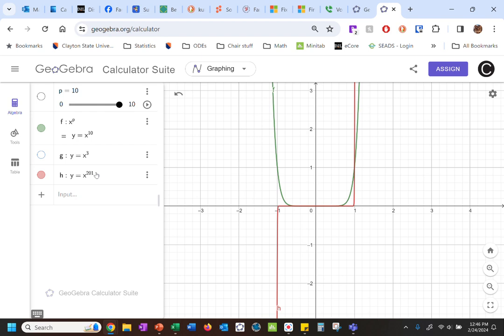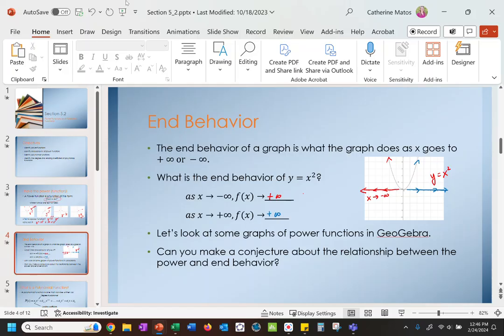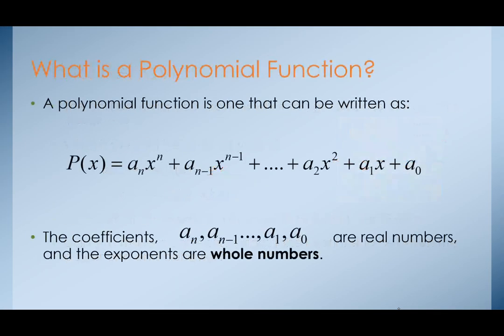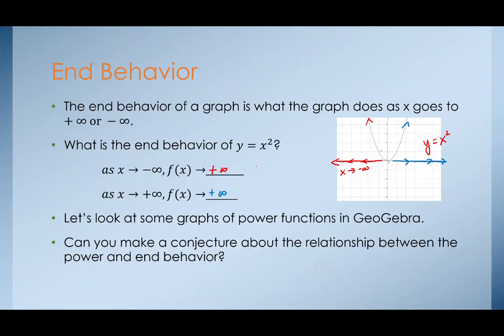So can we make a conjecture about the relationship between the power and the end behavior for positive integer values? Hopefully the answer is yes. That if we have positive even powers on our quadratic, we're going to end up with end behavior where both ends are going in the same direction.